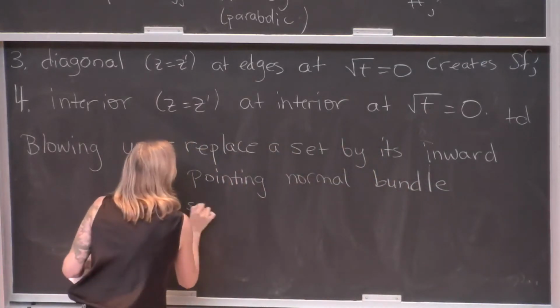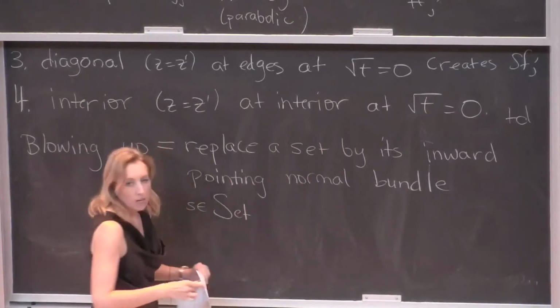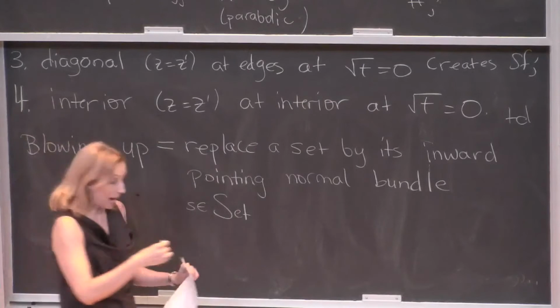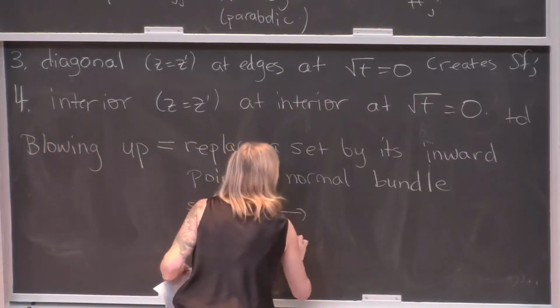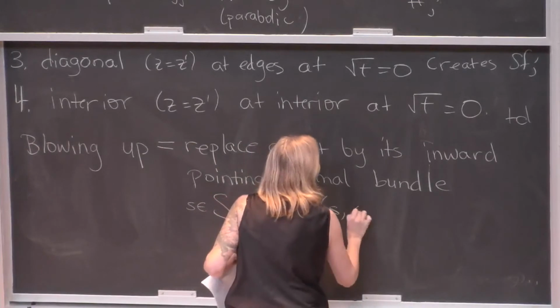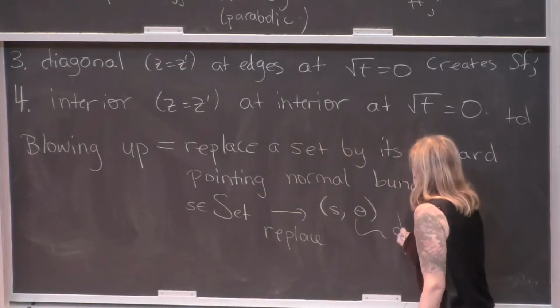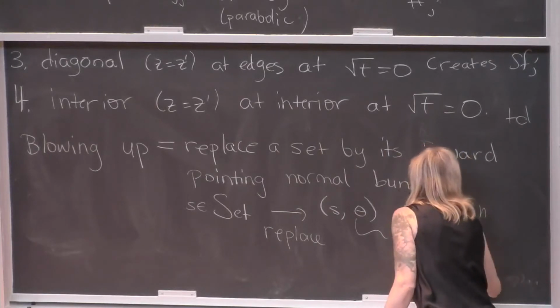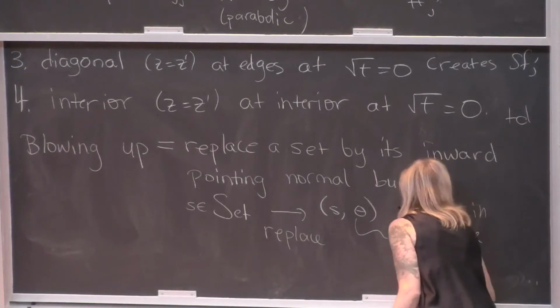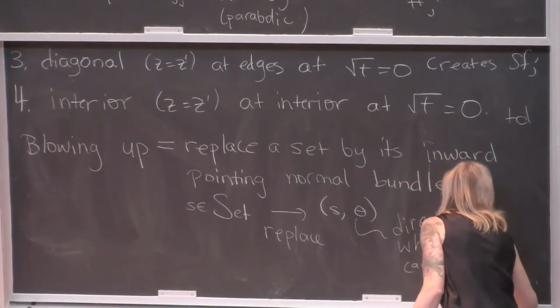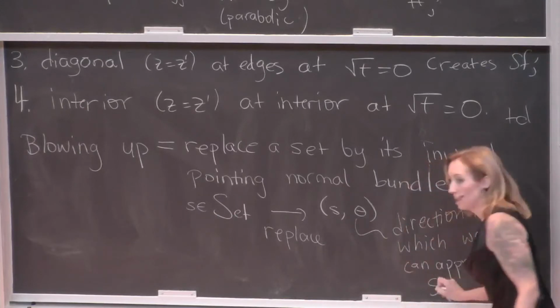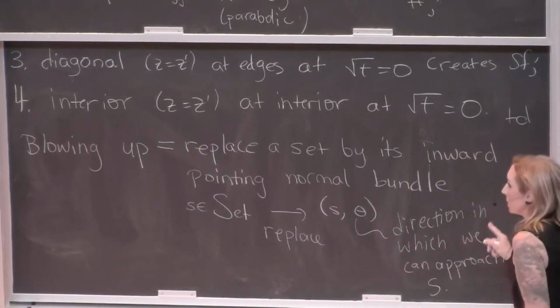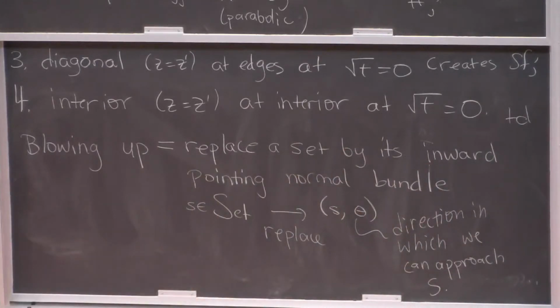If you have a point S in your set, then we're going to replace the point S by S theta, where theta is a direction in which we can approach S. Okay? So we can understand blowing up to a reasonable extent by just counting dimensions.